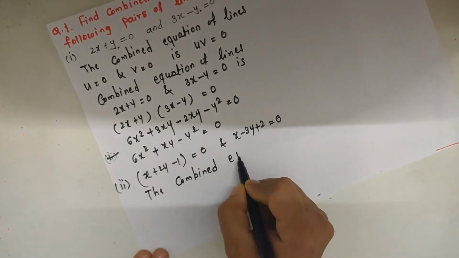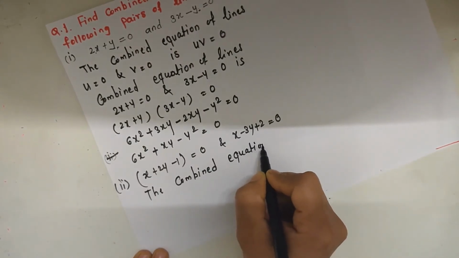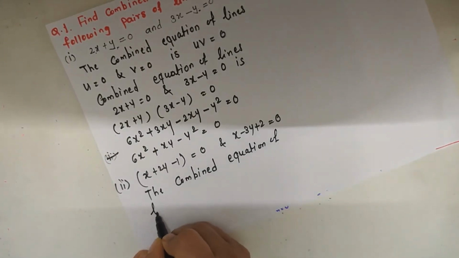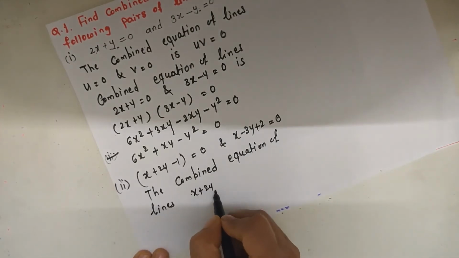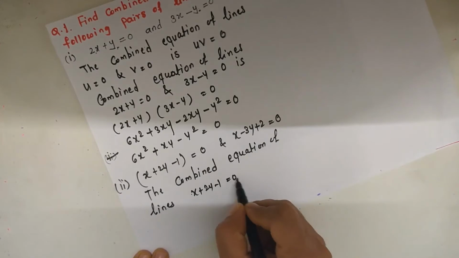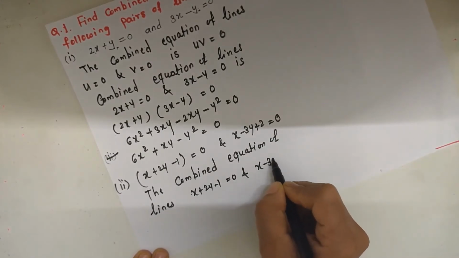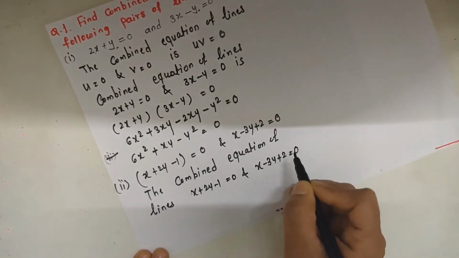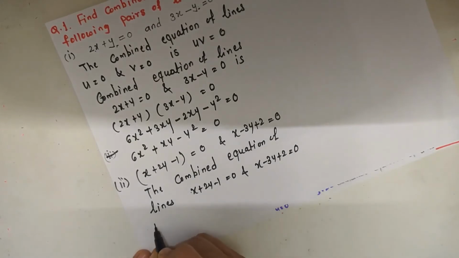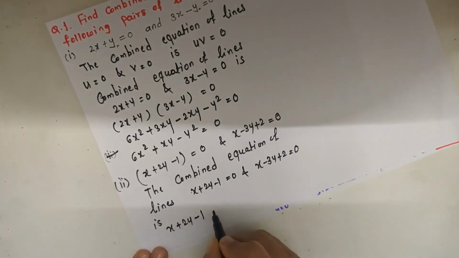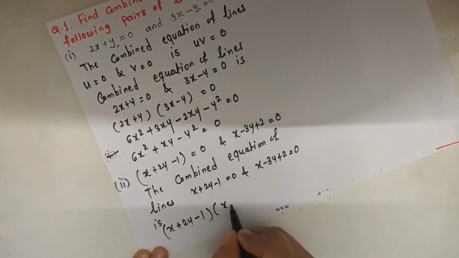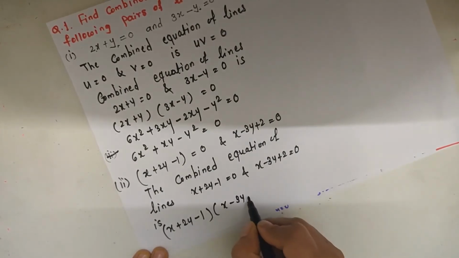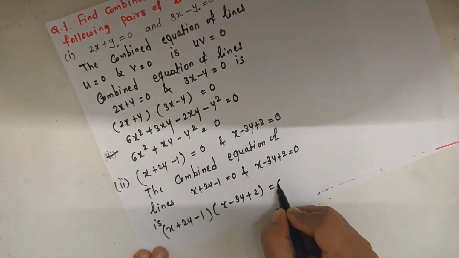So the combined equation of lines x plus 2y minus 1 is equal to 0 and x minus 3y plus 2 is equal to 0 is x plus 2y minus 1 into x minus 3y plus 2 is equal to 0.